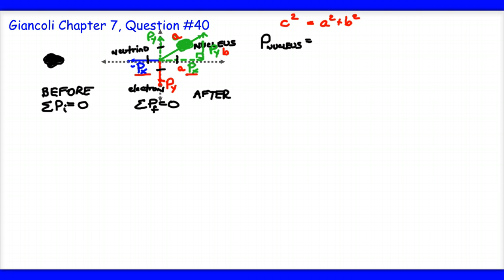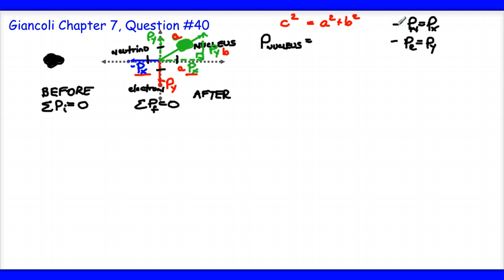So the momentum of the neutrino, which I'll call P sub n, is equal to the magnitude of the x component of momentum of the nucleus. Likewise, the momentum of the electron is equal in magnitude but opposite in direction to the y component of momentum. Technically, I should put some negative signs in here to get away from only looking at magnitude.